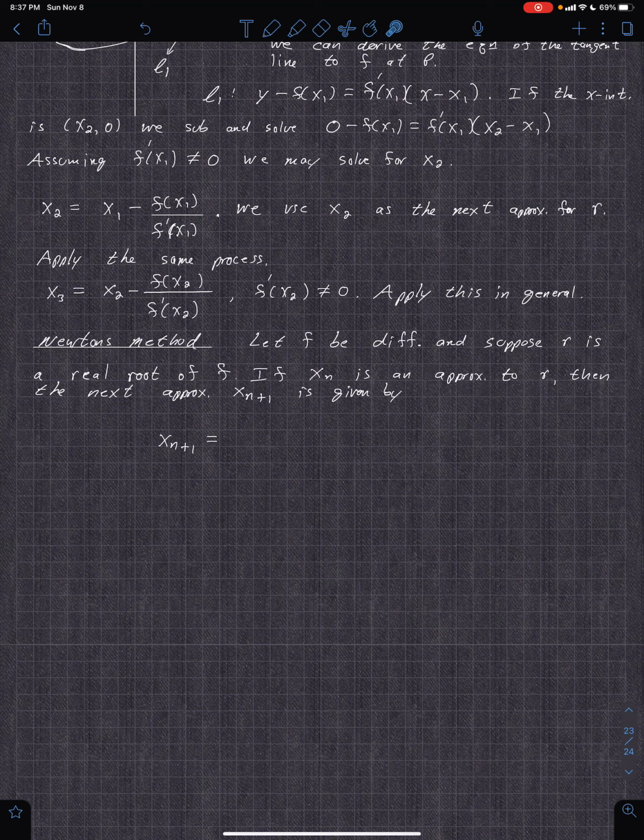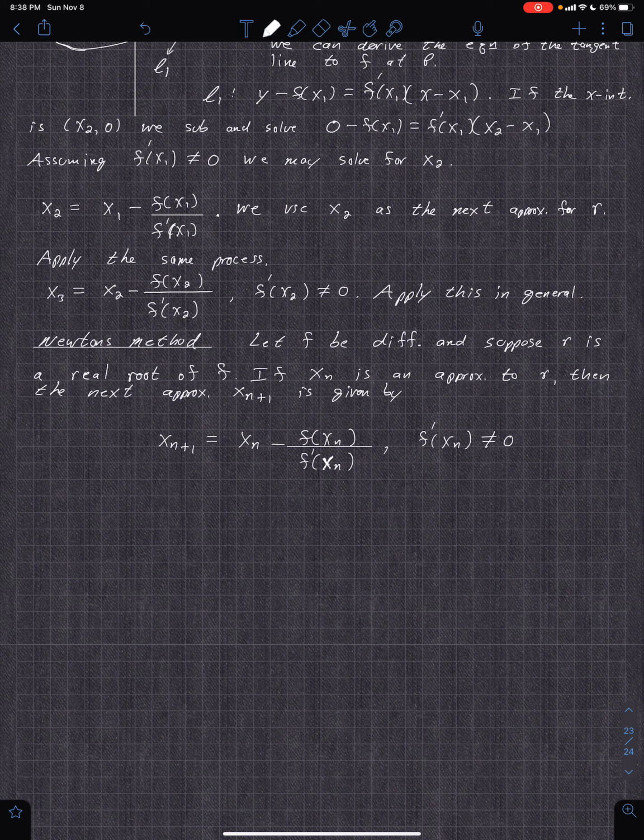Look at what you're getting. This is the next one, and then you have f of x sub n over its derivative at x sub n. So that's what you would expect. So x sub n plus 1 equals x sub n minus f of x sub n over f prime of x sub n. And that's, of course, provided f prime of x sub n does not equal 0. Okay, so that's the method.